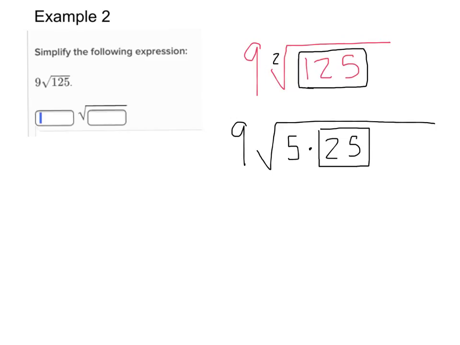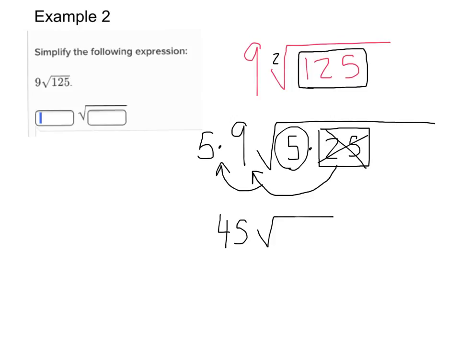So why don't I take the square root of that 25, and when I take the square root of it, my result goes on the outside of the radical. So what is the square root of 25? Well, it's 5. So that 25 from inside there's going to go away, and I'm going to move the square root of it out here and multiply it by what's out there. So on the outside, I have 45 times the square root of, and what's left inside is 5.